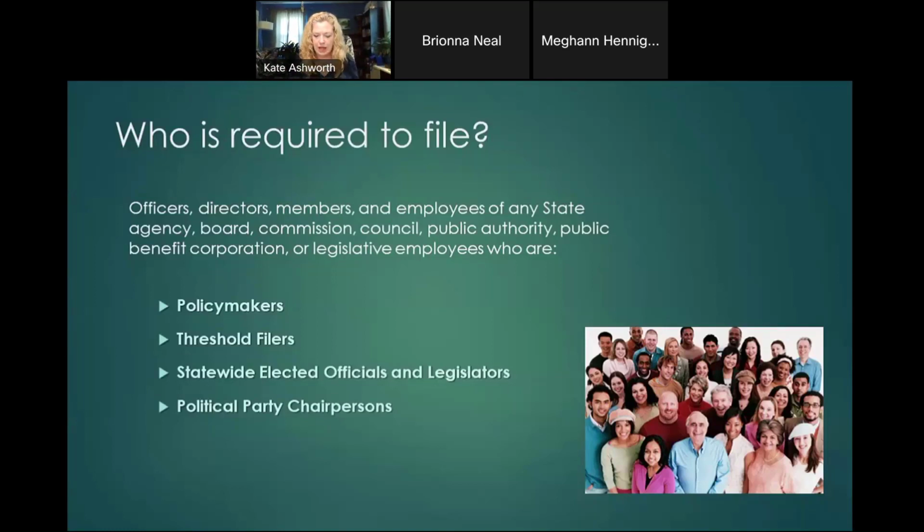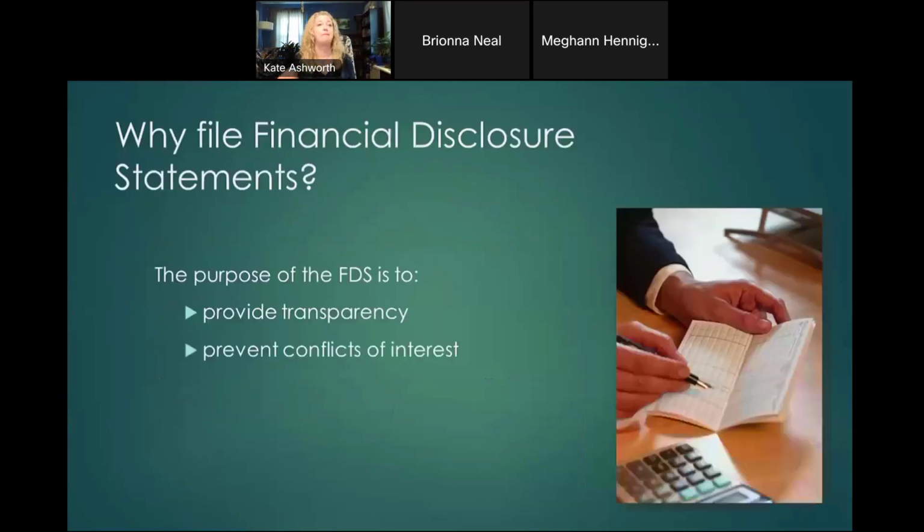So the salary threshold, the current salary threshold did just change. It's now currently 105,472. So the people who your FDS filers are either going to be policymakers or threshold filers under those terms. So this is where you can explain that.